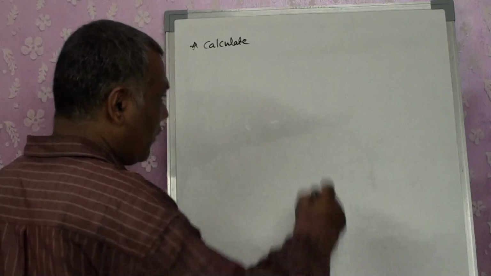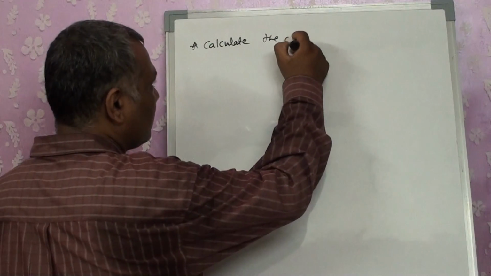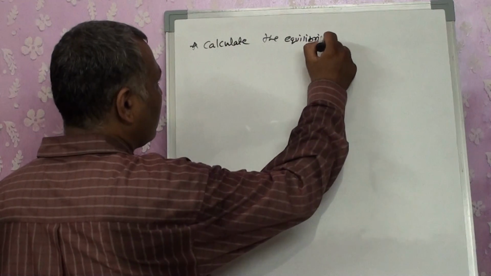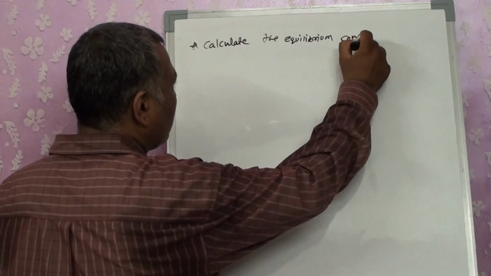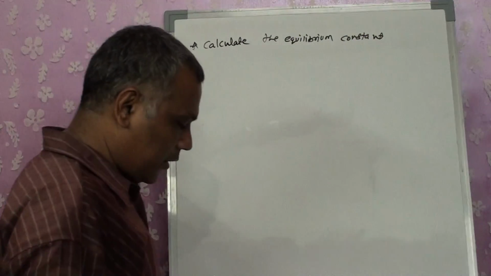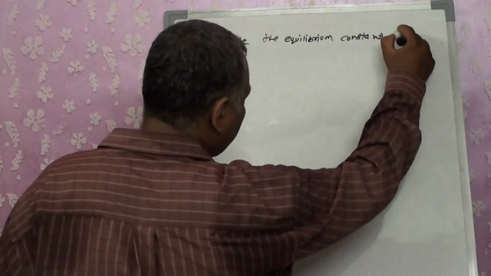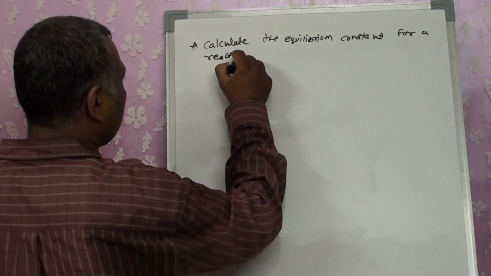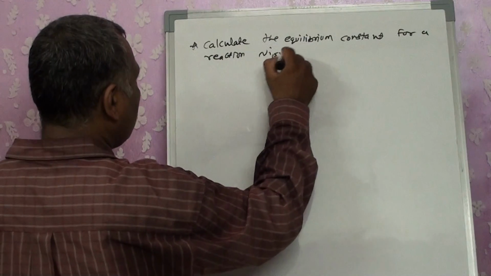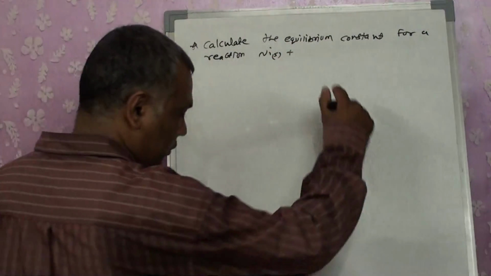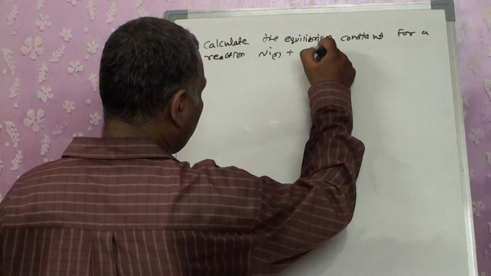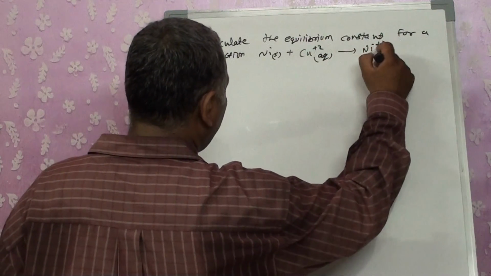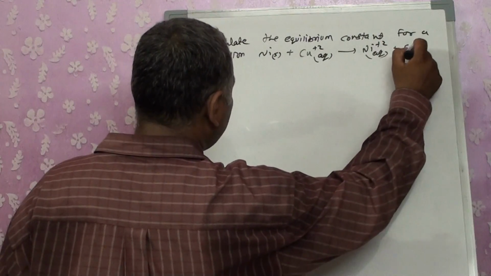Calculate the equilibrium constant for a reaction: Ni plus Cu2+ getting converted into Ni2+ plus Cu.